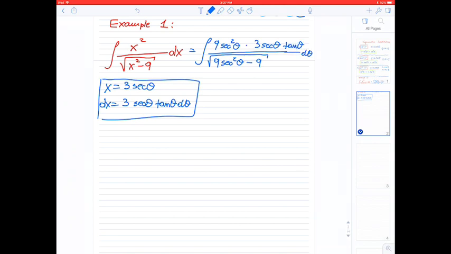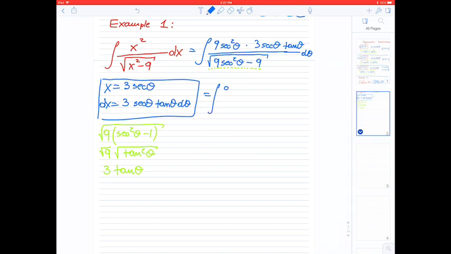I can definitely simplify my denominator, because that was the point. I can factor out 9: 9 times secant squared theta minus 1. The square root of 9 is 3, and the square root of secant squared theta minus 1 is tan squared theta, whose square root is just tan. That's my denominator.